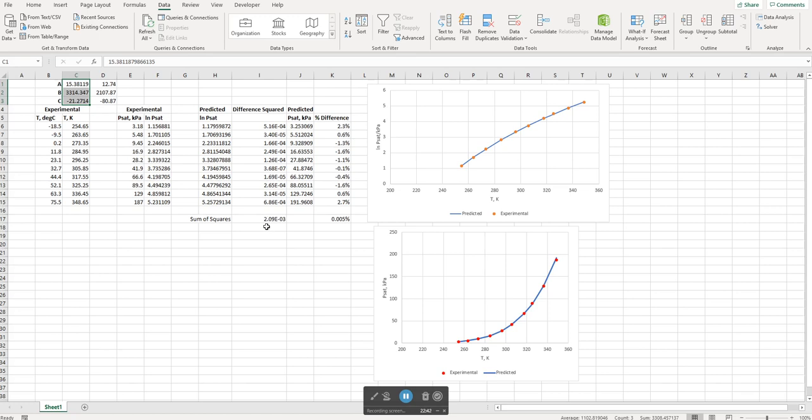If you look at the value in the textbook solutions, they list a sum of squares error of 5.01 e minus 03, so 5.01 times 10 to the minus 3. They actually had a larger sum of squares than we did. All right.